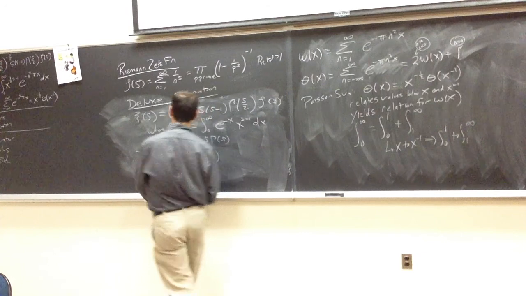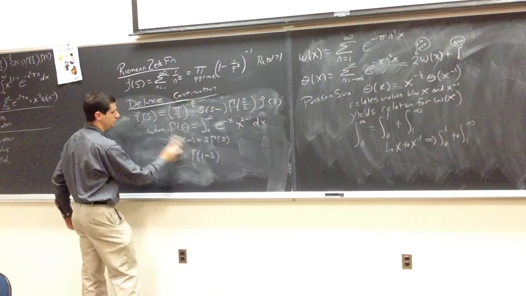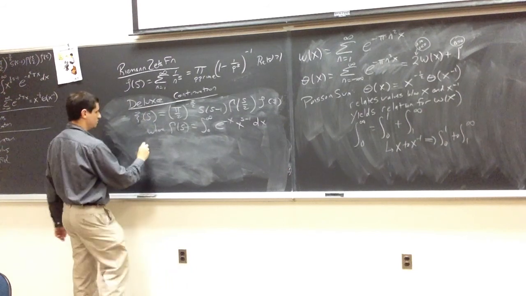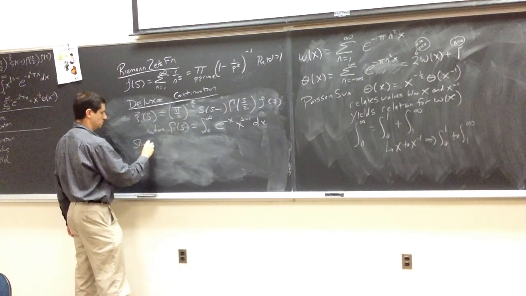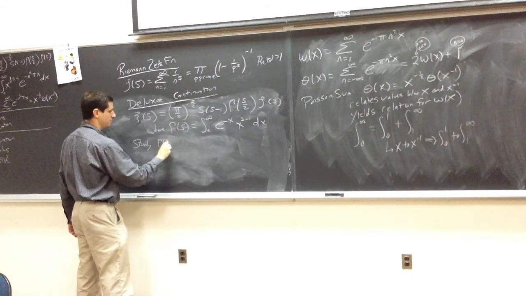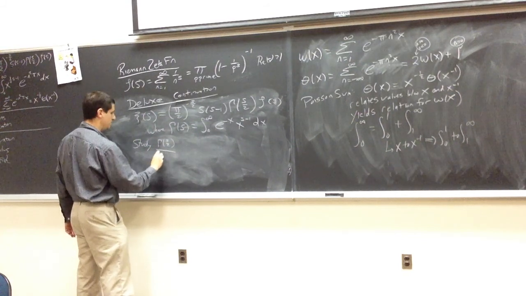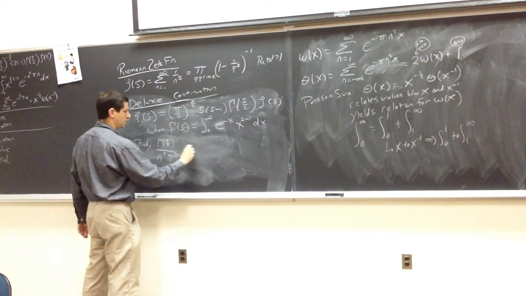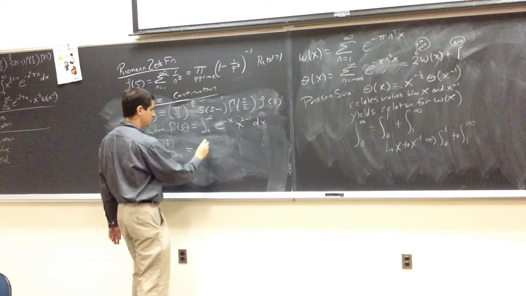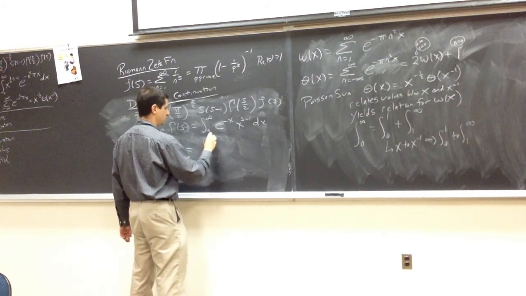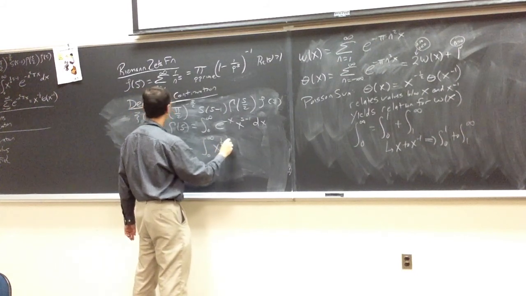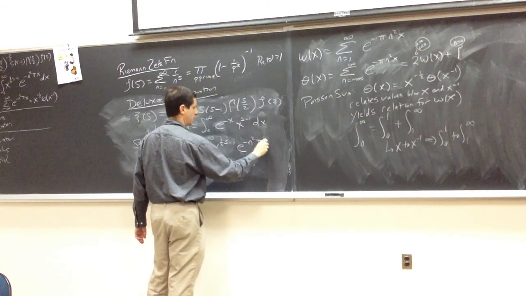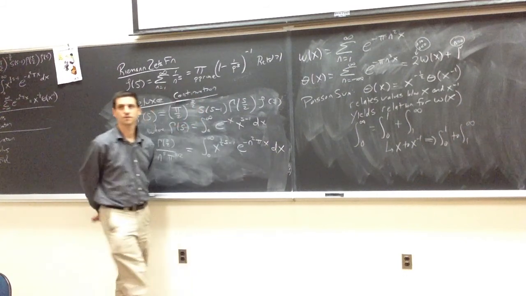All right, so now if we come back over here, here is my definition of the gamma function. And so the inspiration is to look at gamma of s halves divided by n to the s pi to the s halves. And if we look at that, that's going to be the integral from 0 to infinity of x to the 1/2 s minus 1 e to the negative n squared pi x dx.